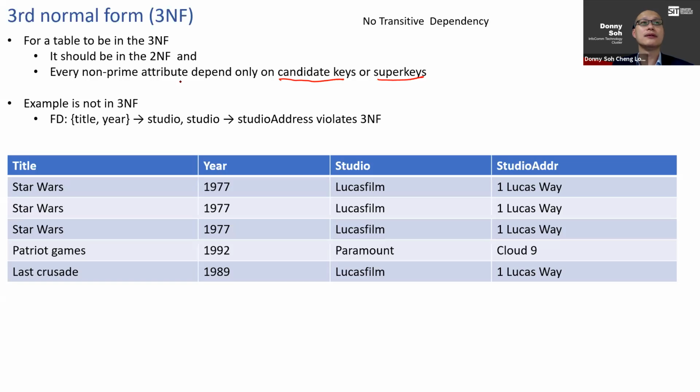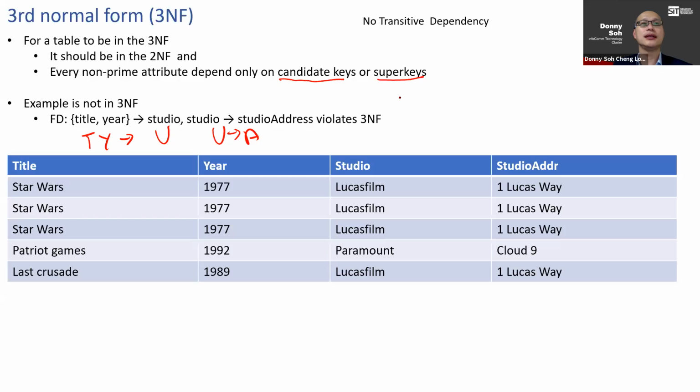So it must first be in 2NF. Second thing is the non-prime attributes depend only on the candidate key or the super key. So this example is not in 3NF. For instance, TY implies U, U implies A. Why is this not in 3NF?